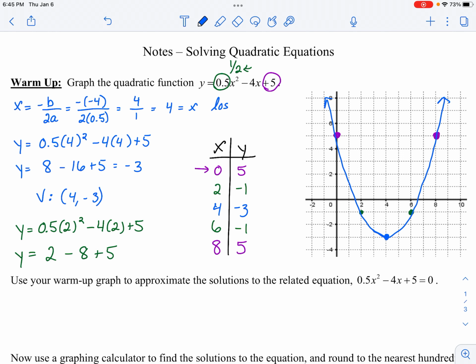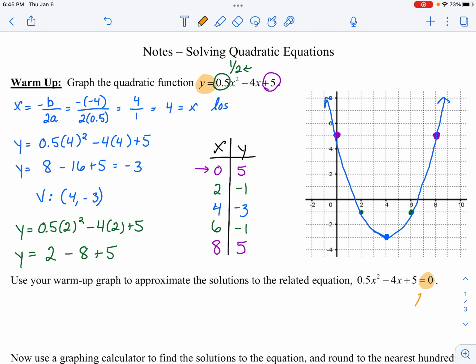So underneath it says, use your warm-up graph to approximate the solutions to the related equation 0.5x squared minus 4x plus 5 equals 0. Okay, so what is different between this equation and the original function? So the primary difference here, I had y equals in the original equation, and now I have equals 0 instead. So what does that mean?